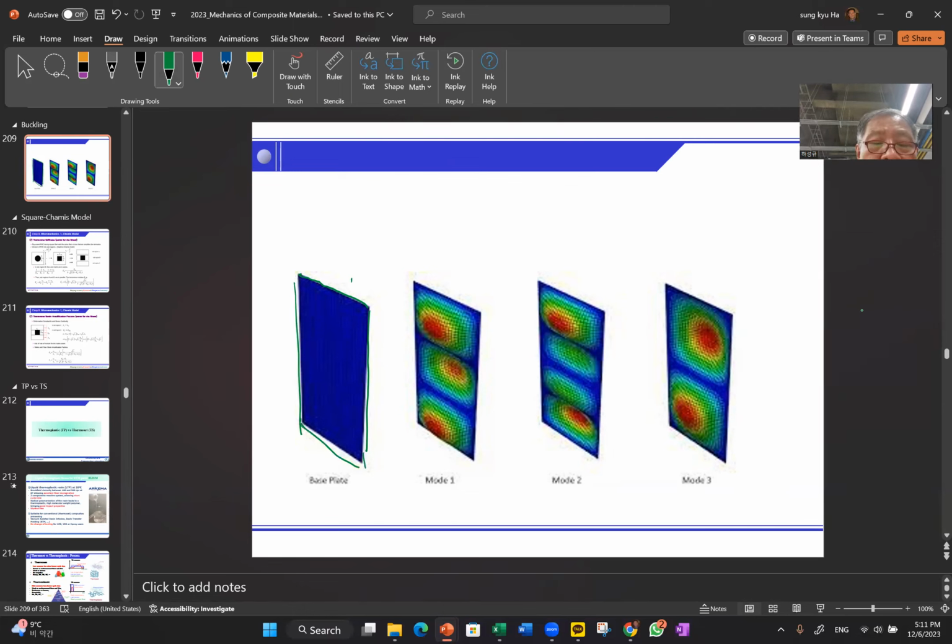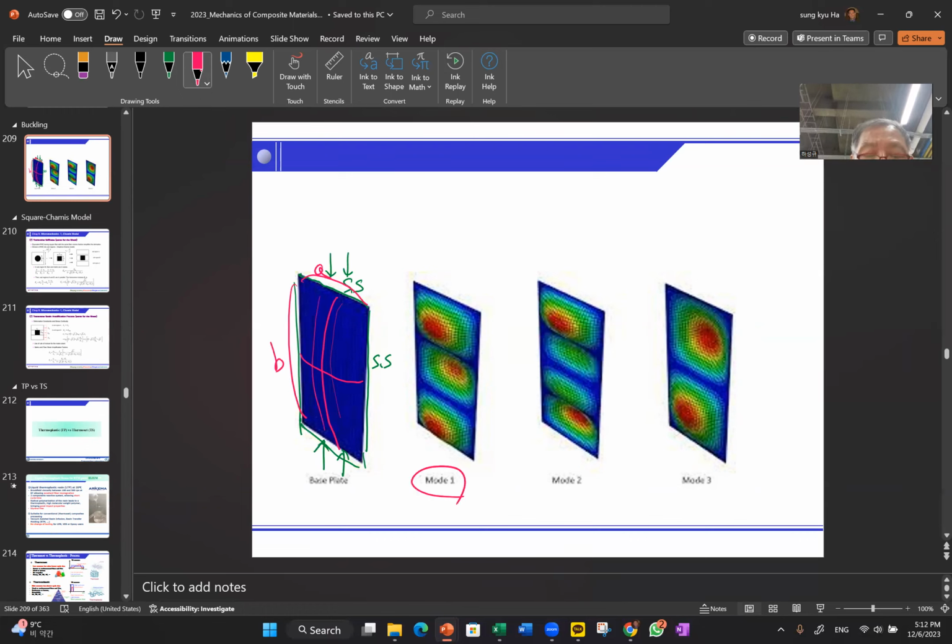Let's say all simply supported, and then we compress. Now this will certainly buckle like this. You can easily imagine, oh, this will buckle like that, but not always. Depending on the A and B ratio, it may buckle easily like that, and it's more difficult to buckle like that.